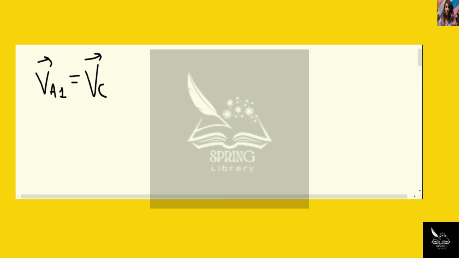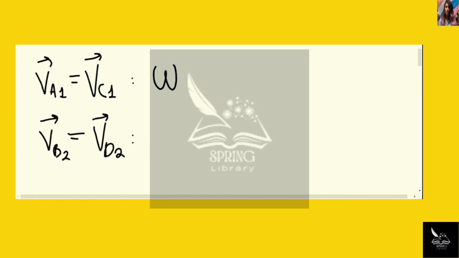Then we will impose the following very reasonable conditions. Let me write them down. They simply say that the linear velocity of point 1 at the rim of gear A equals the linear velocity of point 1 at the rim of gear C. The same for point 2.